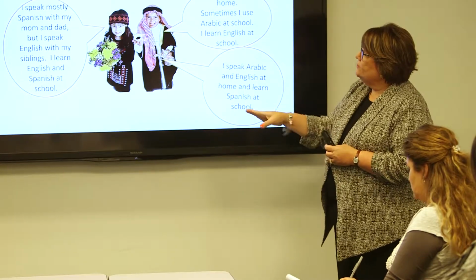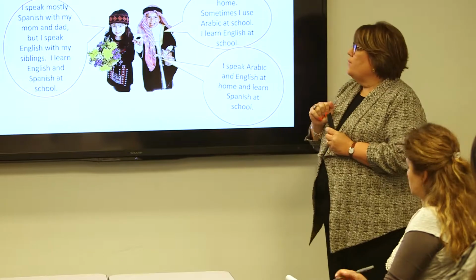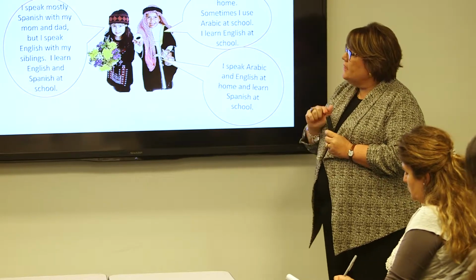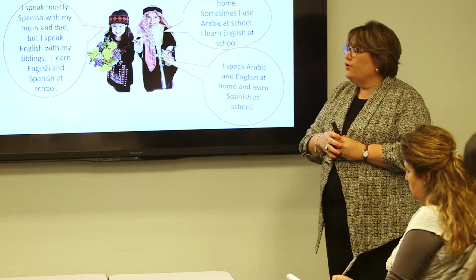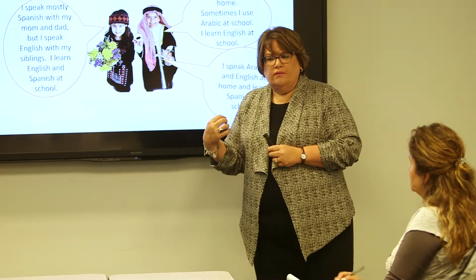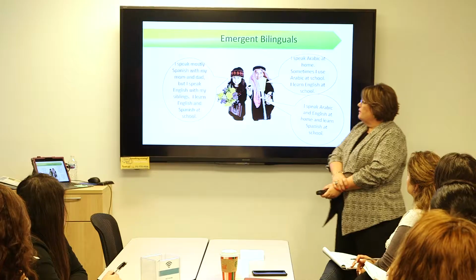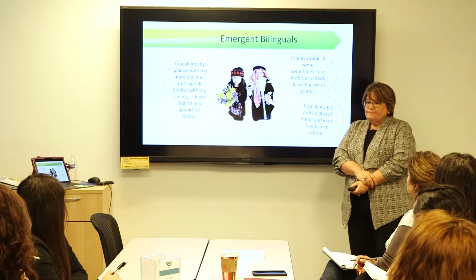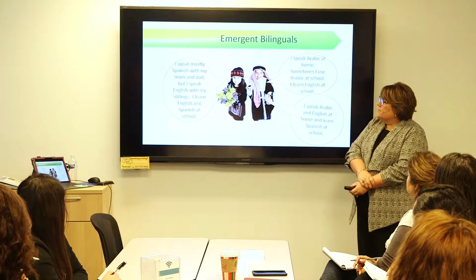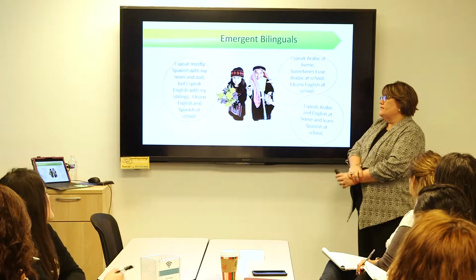So let's look at this little girl here. And she says, I speak mostly Spanish with my mom and dad, but I speak English with my siblings. I learn English and Spanish at school. What program might service her? She may be in what form of bilingual education program? She speaks Spanish with her mom and dad, but English with her siblings.